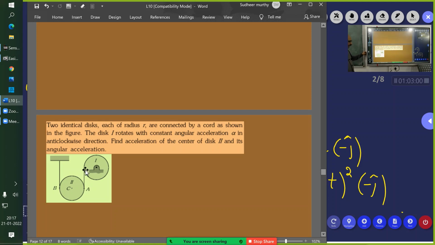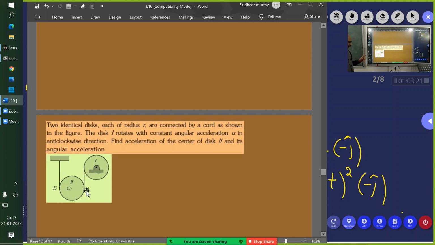Somebody, what is the acceleration that you have to consider here? Tangential. The acceleration of the rope is equal to the tangential acceleration at this point of the disk.